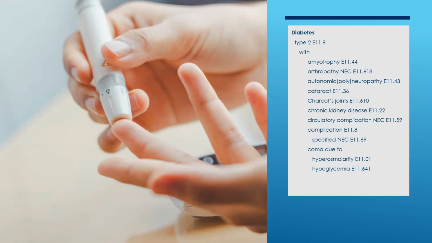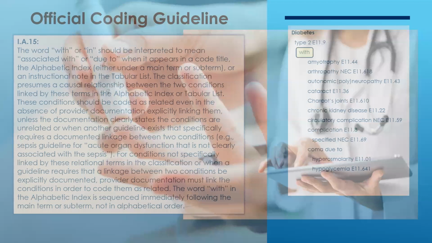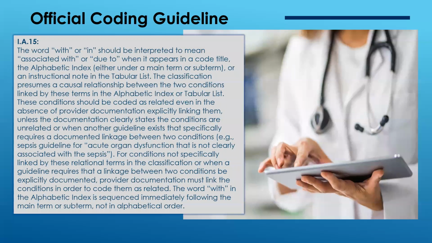I want you to notice something here. In the alphabetic index, under diabetes and then under type 2, we have an indentation with the term with, and then under with is a list of conditions. There is a guideline that describes what to do when we see the term with.